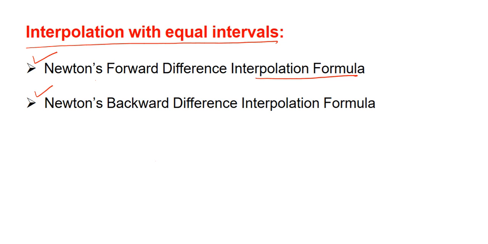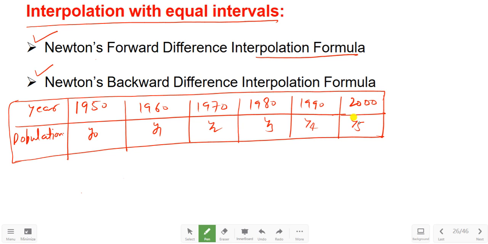Here I am taking a data set of the population in different years of a country. That is, a country has the population in the year 1950, denoted by y naught in thousands, 1960 is y1, 1970 is y2, 1980 is y3, 1990 is y4 and 2000 is y5.